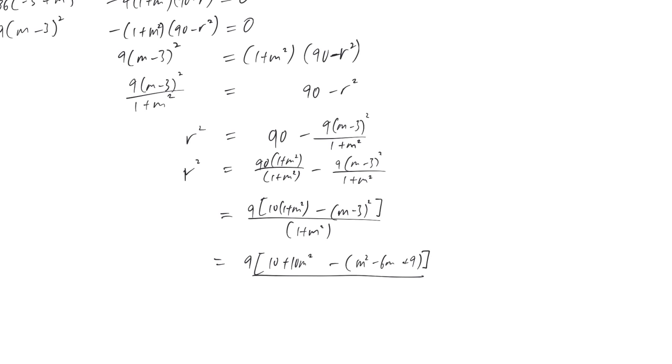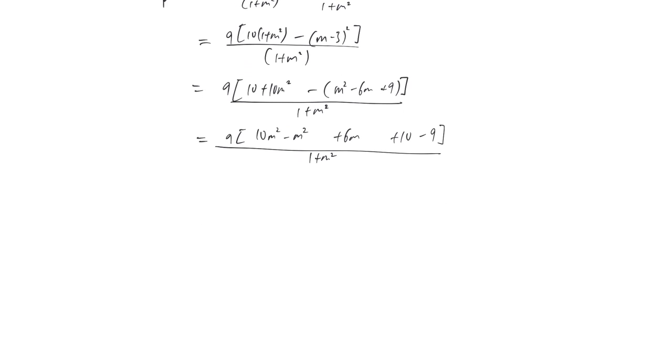You should be alert that it is easy to make a mistake here, so write more steps. 10m squared, we have minus m squared, positive 6m, positive 10 and negative 9. So we have 9, and then this is 9m squared plus 6m and then plus 1.